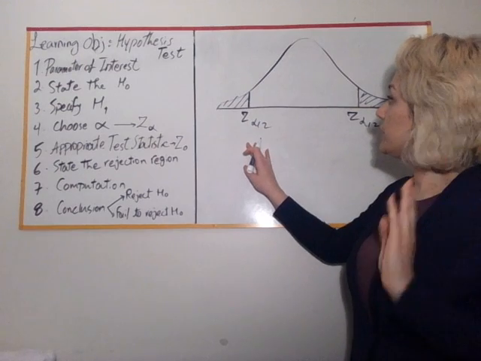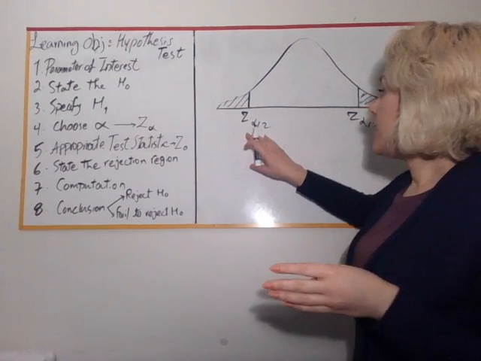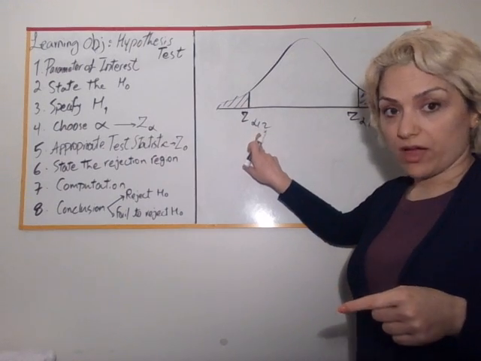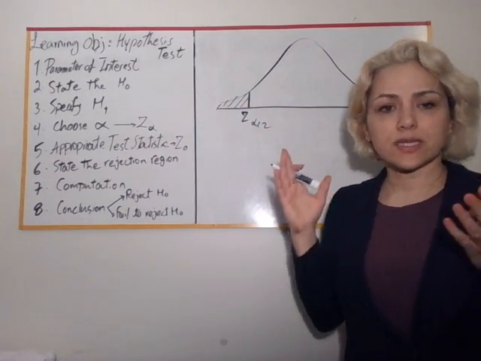So what are we going to do here? Let's think this way. I have half of the alpha, I find the Z of the half of the alpha, then the Z null from the statistic, and compare them.